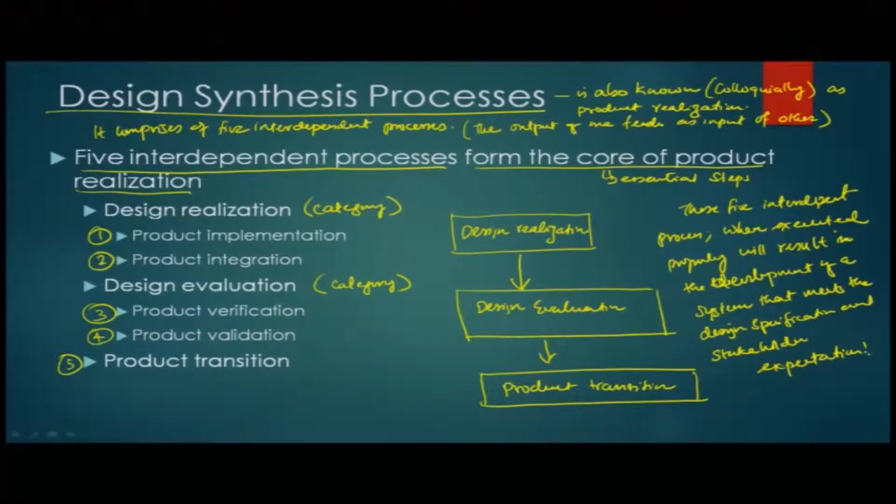So, what we are saying is these 5 interdependent processes, if they are executed properly, will result in the development of a system that meets the design specification and stakeholder expectation. So, the aim is to run through these processes so that you end up developing a system that meets the design specs and the stakeholder expectation.